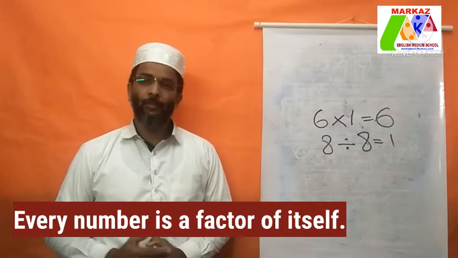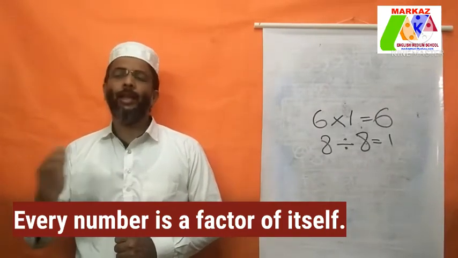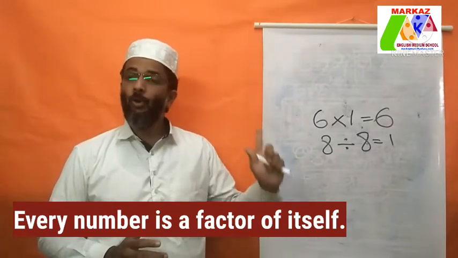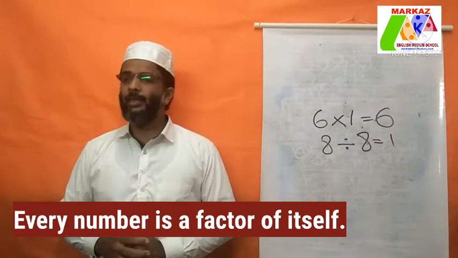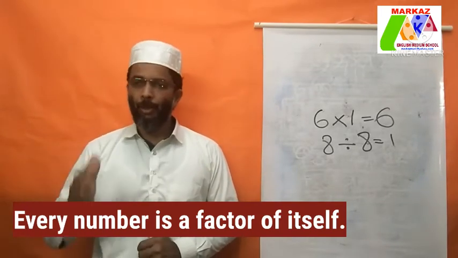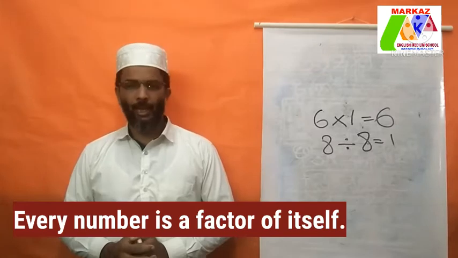The same way, any number divided by itself gives 1 as the quotient. 8 divided by 8, quotient is 1. So, every number is a factor of itself.